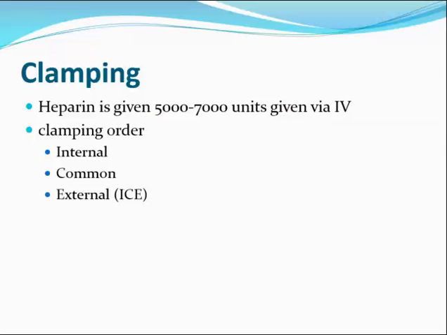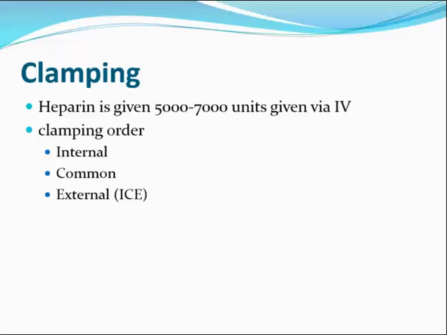So exposure has been done. The next thing is they are ready to clamp. And there's a certain order in which they clamp. But before they do that, they give heparin. Heparin is a blood thinning drug.